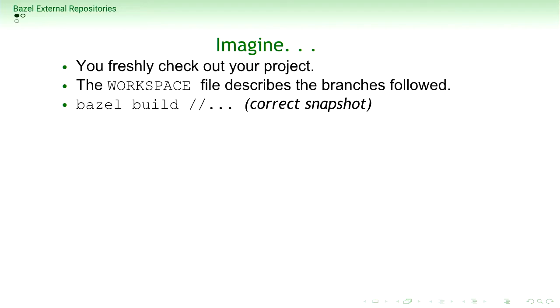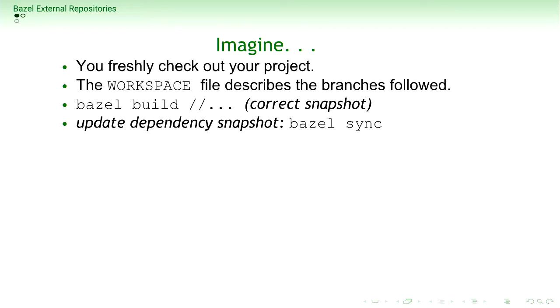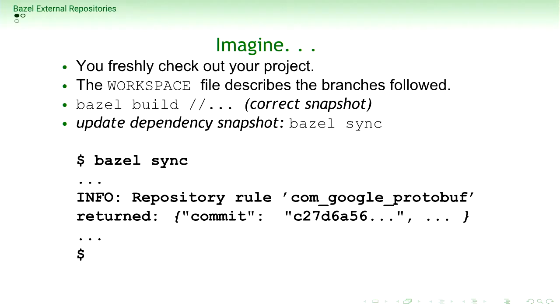And how would you think of updating that? The idea is to have a new command, bazel sync. And then it looks roughly like that. You see some information saying, oh, I was executing the rule Google Protobuf, and this is the commit I get, and that was a timestamp and so on. So it executes the workspace file unconditionally, fully. It executes all the rules in the workspace file and sees what comes out.